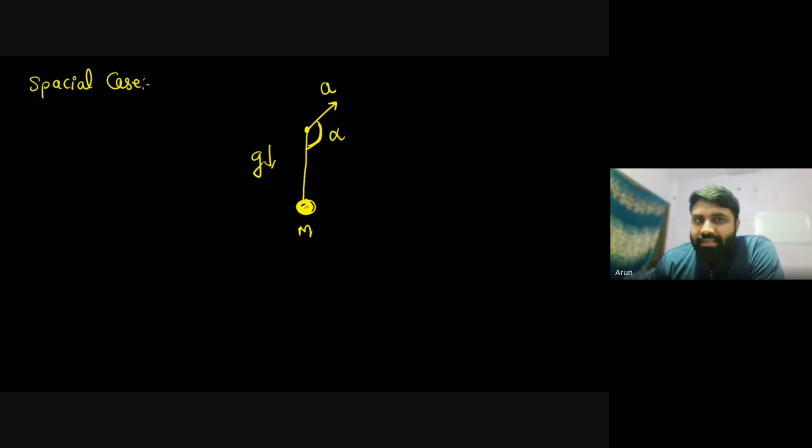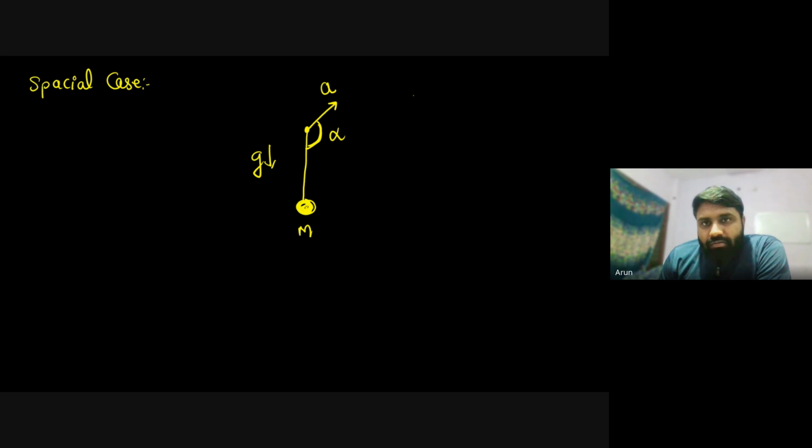So when this pendulum of mass m, and this is the acceleration, this whole setup is accelerated with angle alpha, and the angle between gravity and this acceleration is alpha.